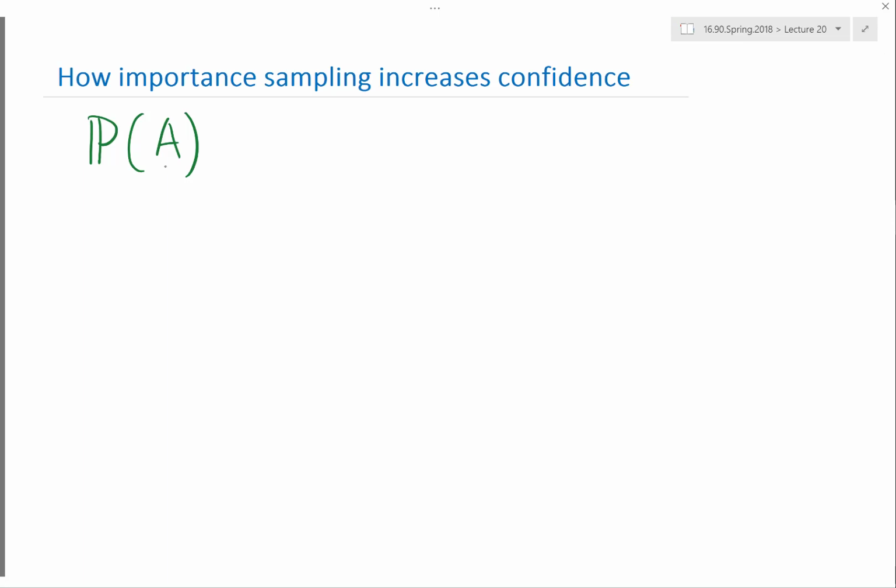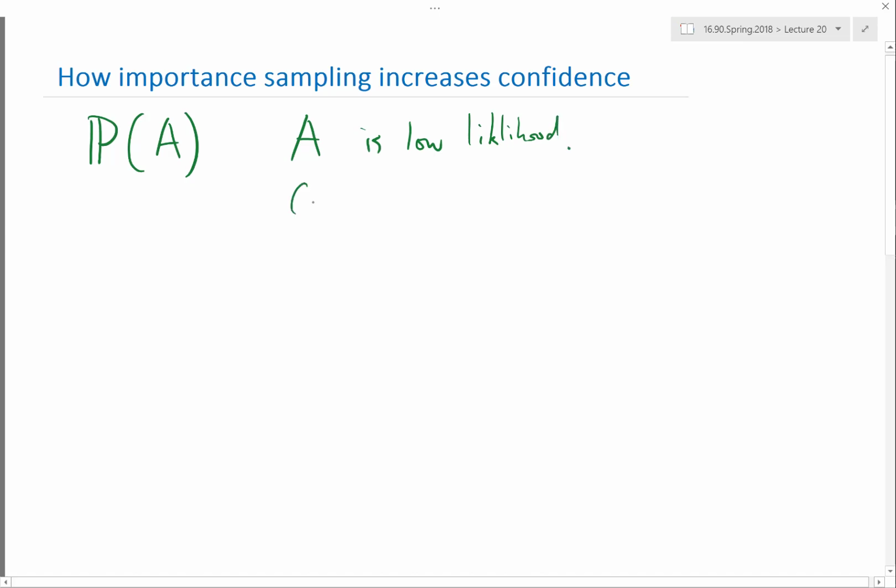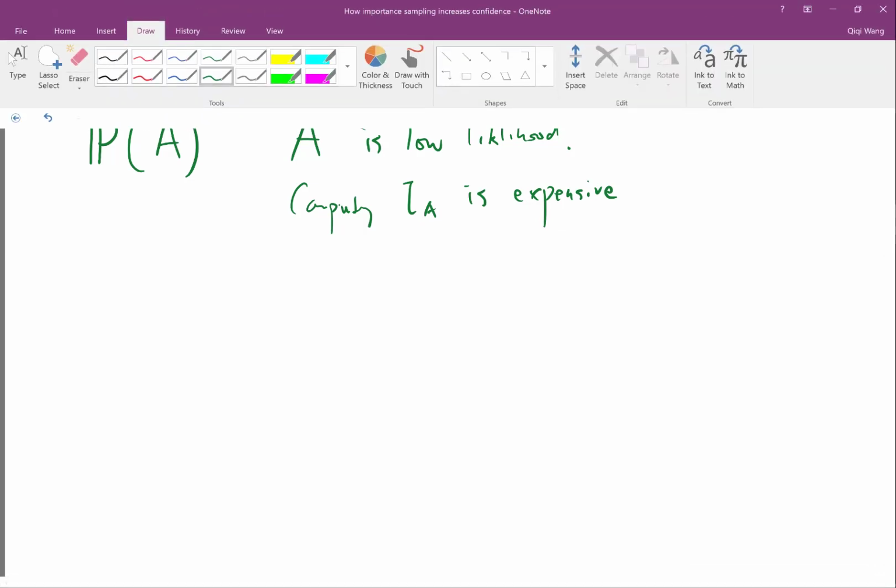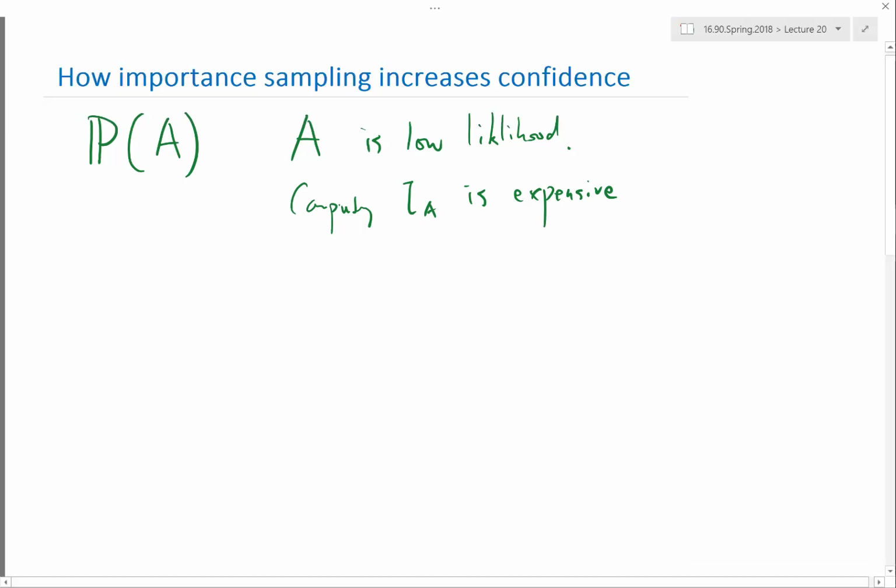So A is a low likelihood event, and computing A is also expensive. But there is another event B.